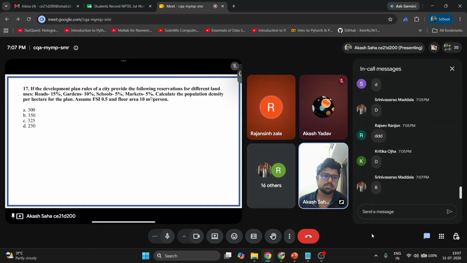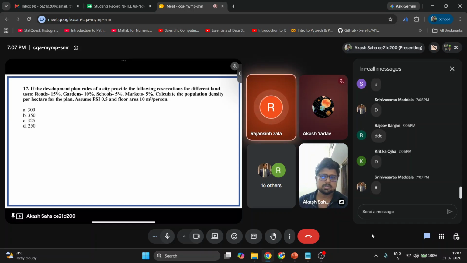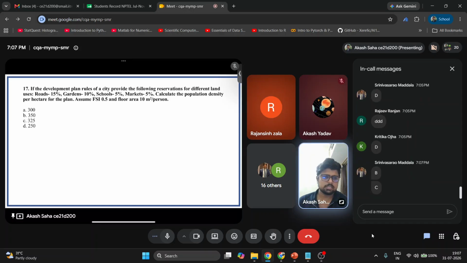What is the conversion? Option C, 325. Yes, 325. So 1 hectare is 10 to the power 4 meter square, right? Yes. Okay, so for others we will see.